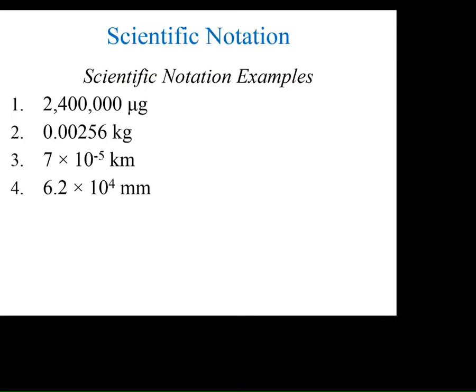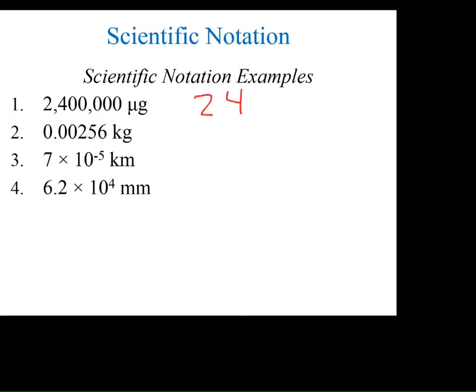Okay, let's do this one together. 2,400,000. Anybody know that symbol yet? What it means? Micrograms. Oh, high five. Yes, micrograms. Oh, you're gonna kill me. Okay, micrograms. So how many sig figs are in that number? Let's go ahead and pull out the 2 that are significant, which are the 2 and the 4. Right?